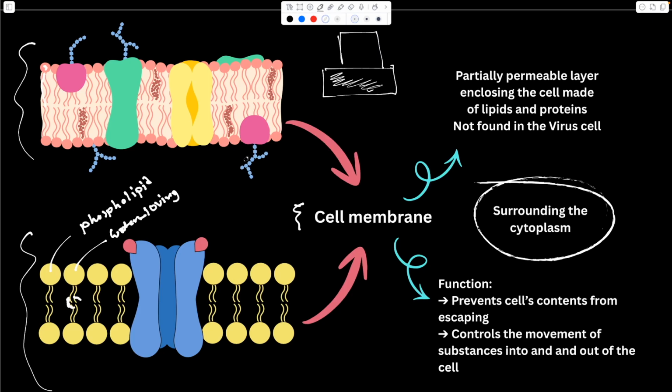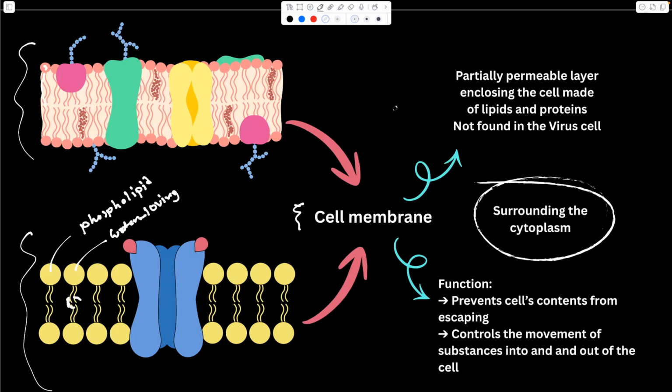The cell membrane is like that. It doesn't allow all substances to pass through. It surrounds the cytoplasm to create a controlled environment for the cell. They have functions.